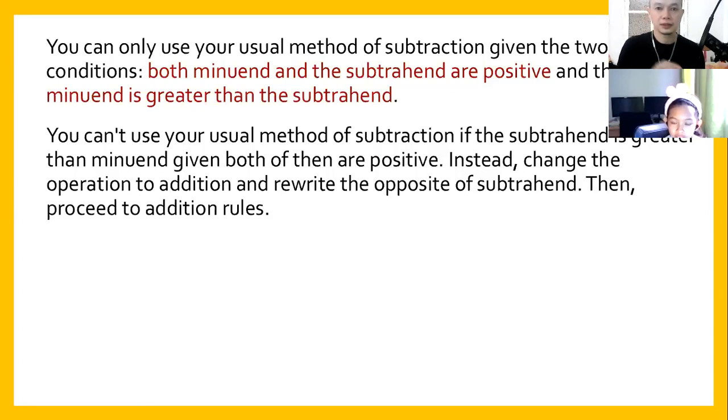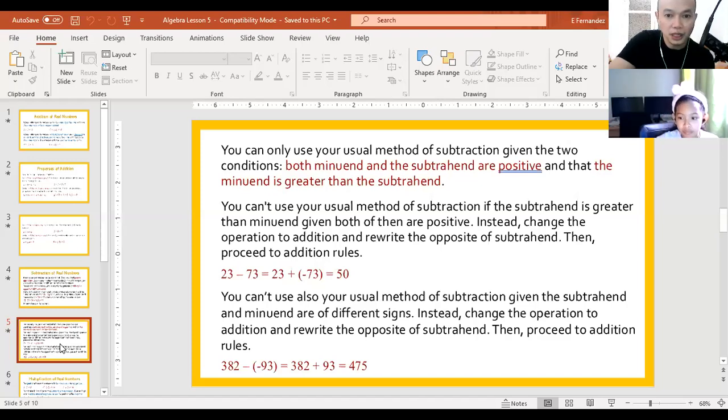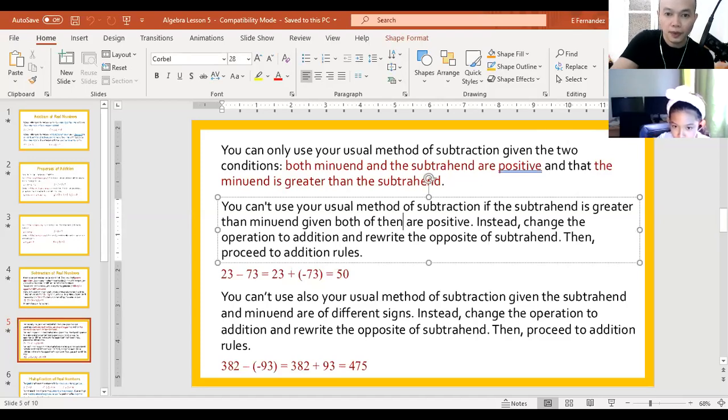Instead, change the operation to addition and rewrite the opposite of the subtrahend, then proceed to addition rules. Wait a minute, I made a little mistake there. It should be 'if', not 'when both of them'.